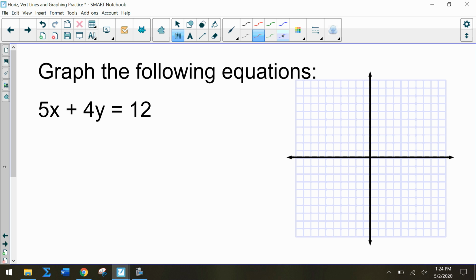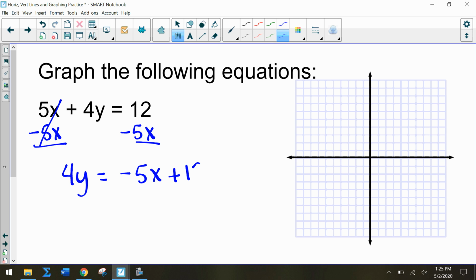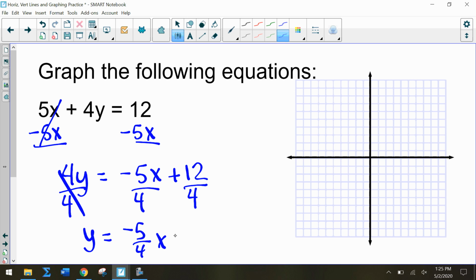So to graph this, we want to rearrange into slope-intercept form. So we have to isolate and solve for y. So y equals -5/4 x plus 3. So that means our y-intercept is 3. So let's plot that. 1, 2, 3.